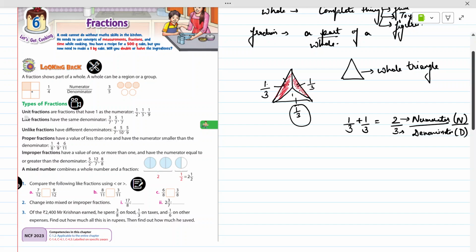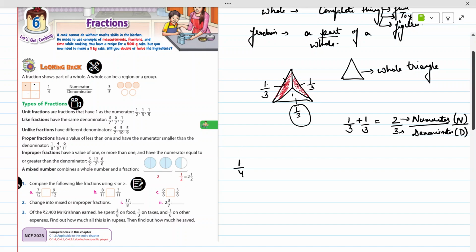Okay, here also they have shown one square and they have shaded a part of it. So if we see here, this whole square is 1, it's one whole square, and it is divided into 4 equal parts. Okay, so since it is divided into 4 equal parts, each part is a fraction of this whole. And here each part is 1 by 4, 1 by 4, 1 by 4, and 1 by 4, right?